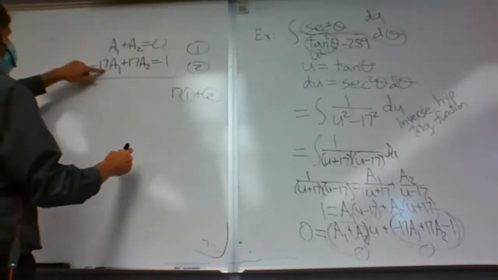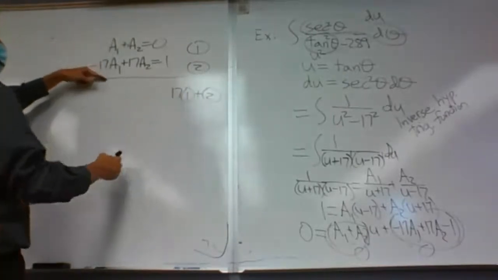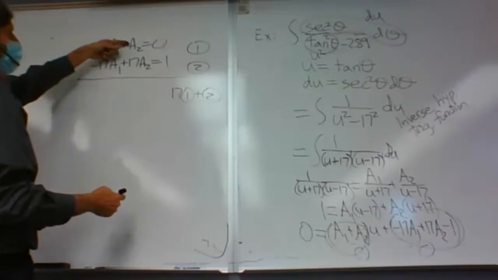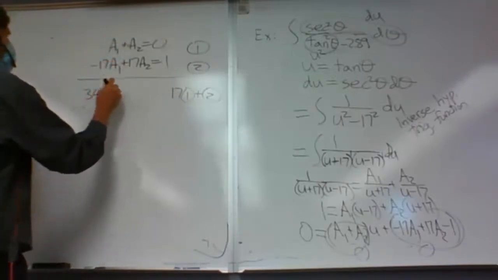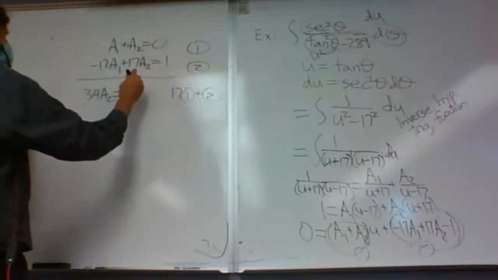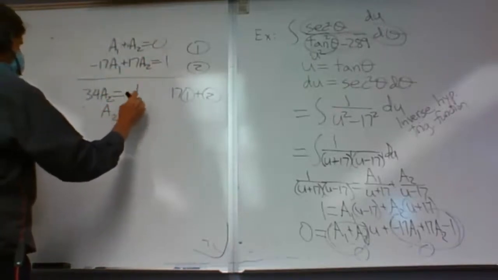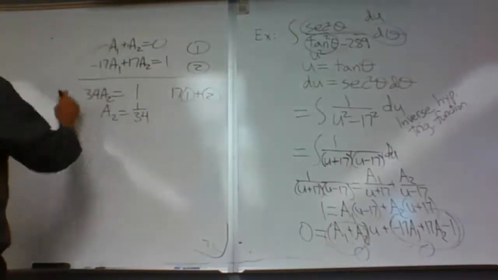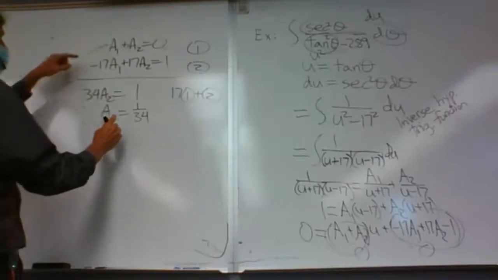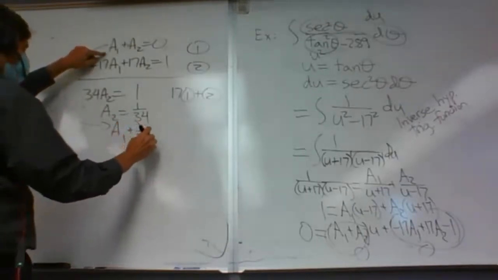If I call this 1 and 2, now I'll add 17 times equation 1 to equation 2. 17 A1 plus minus 17 A1 cancels, and I get nothing. So I picked the right multiples to make A1 go away. Now I've got 17 A2 plus 17 A2 is 34 A2 equals 17 times 0 plus 1 is 1. Evidently, A2 equals 1/34.